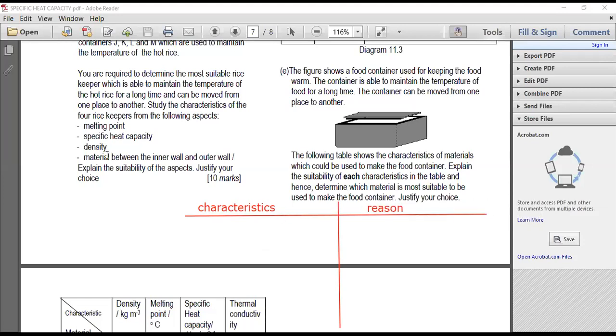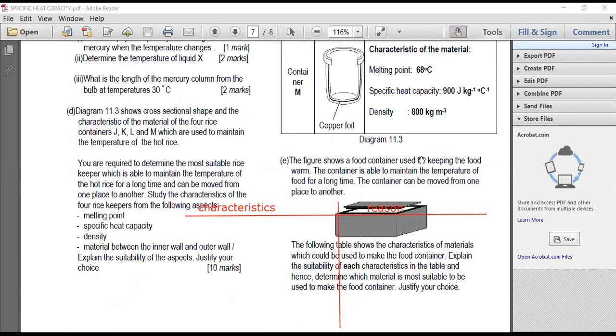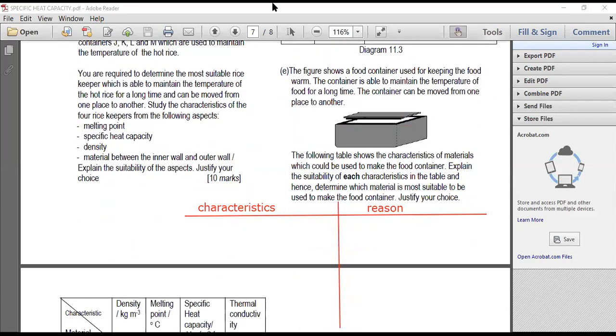Melting point: they put the value 240, but you don't write the value. You say whether you want high or low. So for melting point, you say high. It must be high.